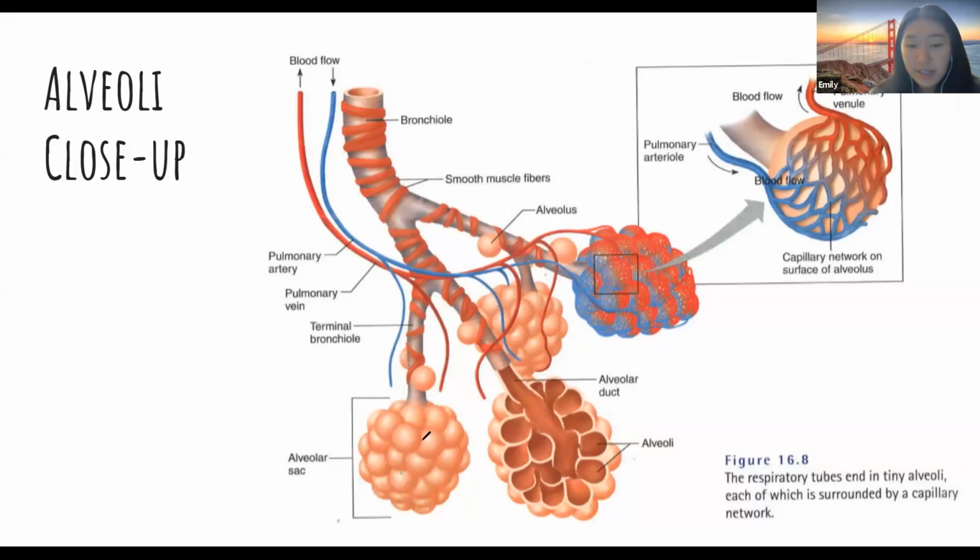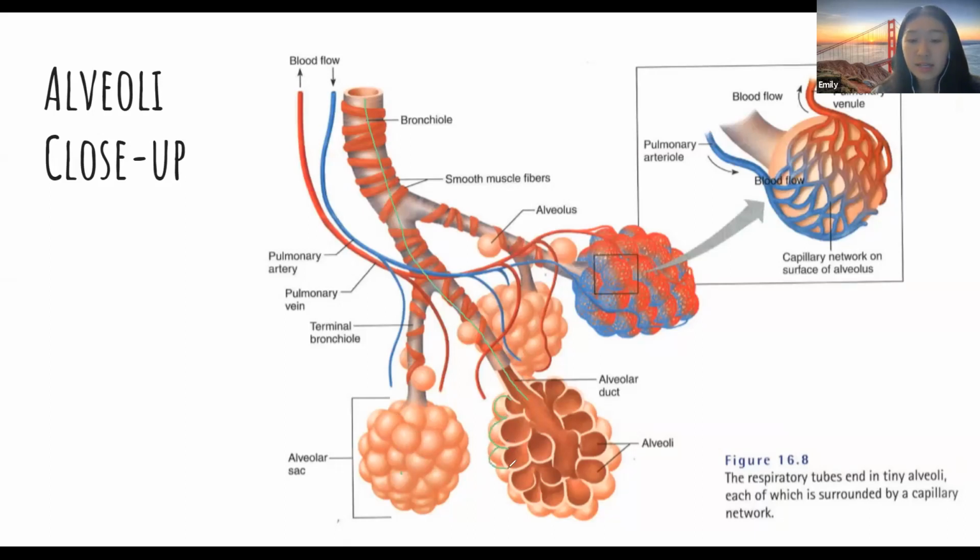This is the end of the tunnel, per se, of the respiratory tract. So as the air flows in through your mouth, down your trachea, through the bronchi and the bronchioles, it's going to continue branching until we get into these essentially sacs.